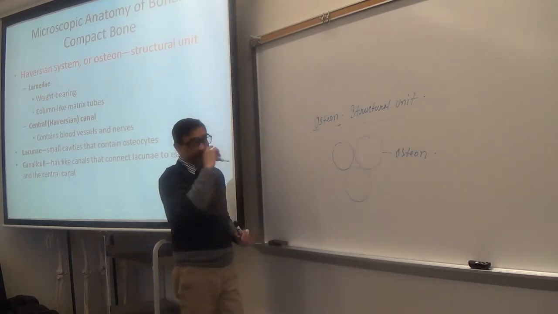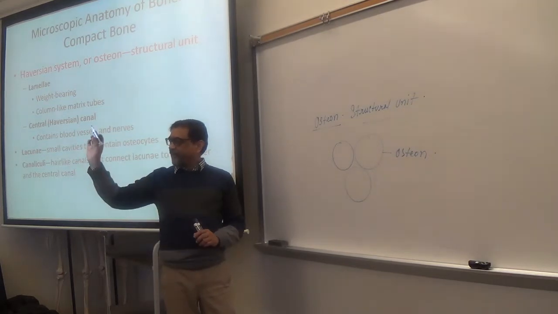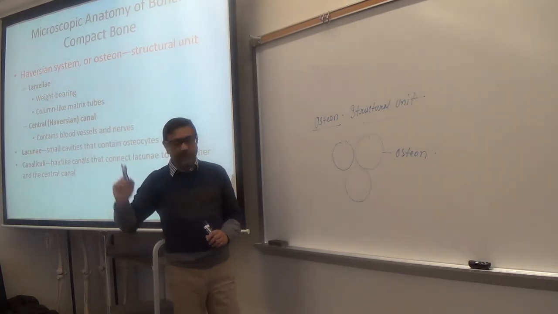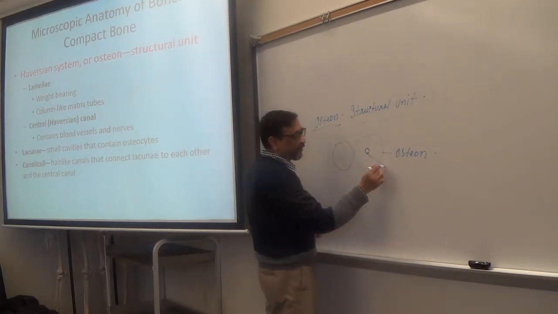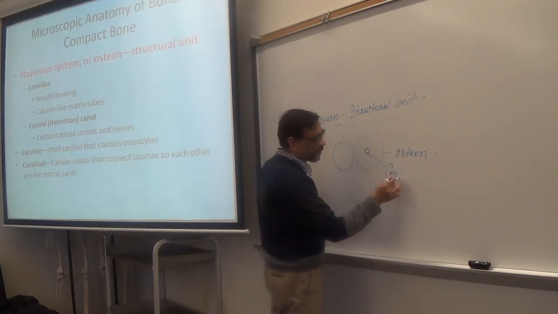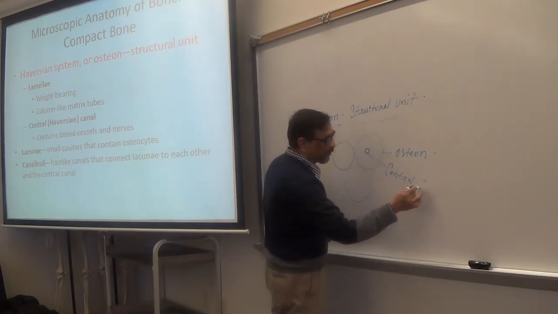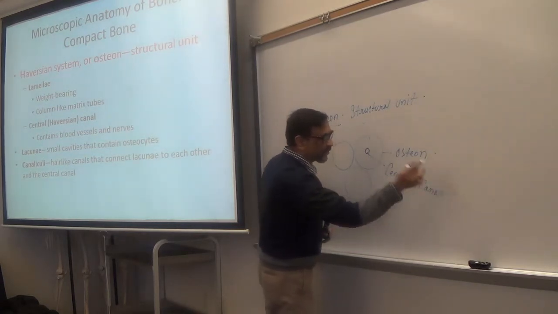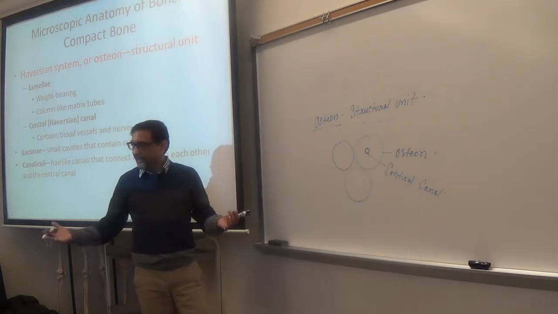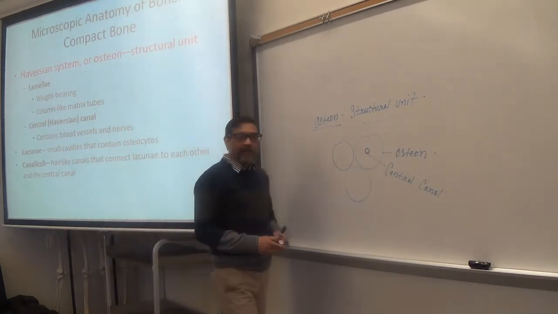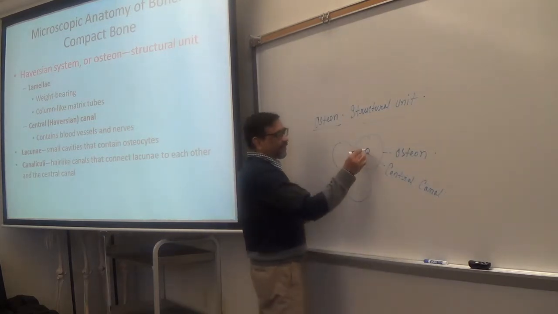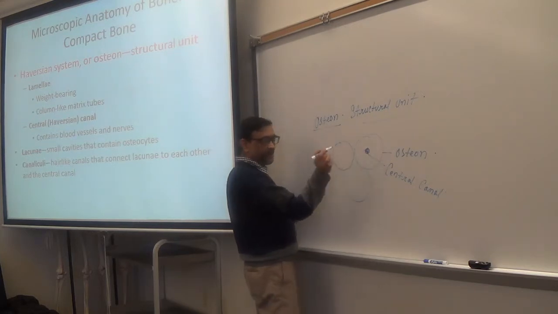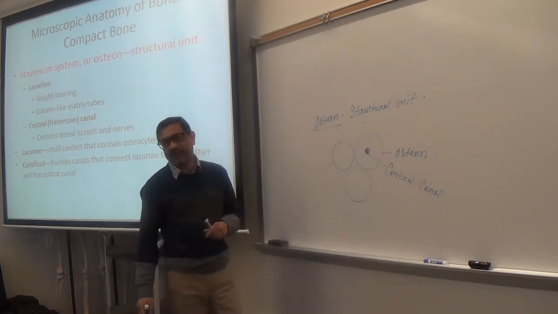So these are osteons. Now if you see the structure of an osteon, in the center you have a canal that is called the central canal. Makes sense? In the center of the osteon, right? Why do you have a canal there? Blood vessels, arteries, veins and nerves pass through the central canal.